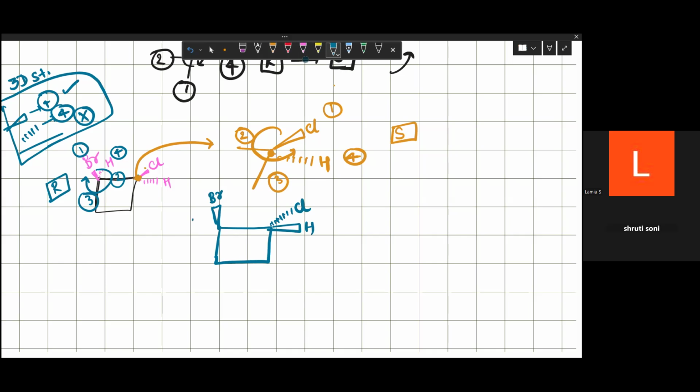And in this case, hydrogen is on the dash side. Done. Do you understand how? Yeah. So now are you okay with this? Give me a sec. Yes.